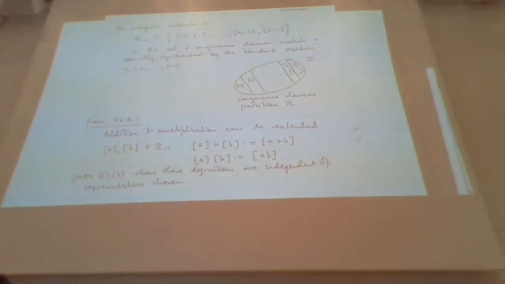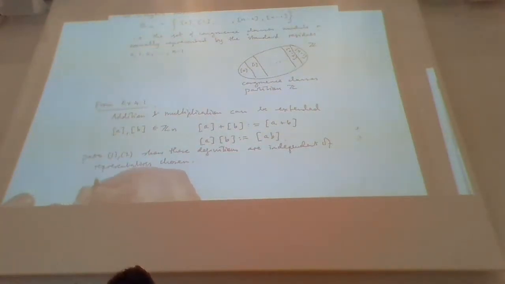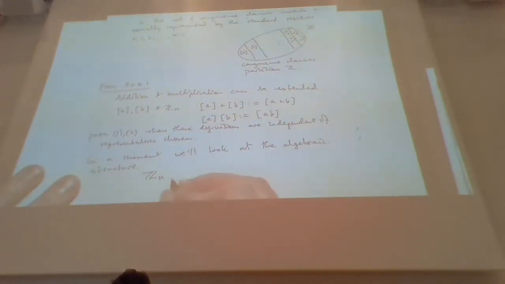So in the rest of the chapter, what we're going to do is look at the algebraic structure of these two systems, of Zn with the operation of addition and Zn with the operation of multiplication.